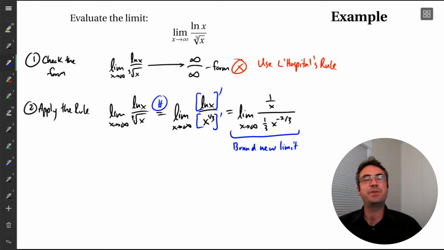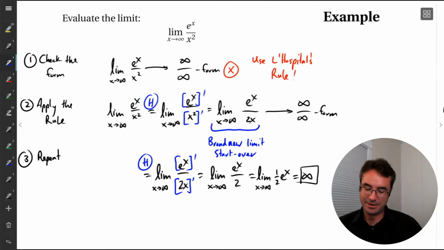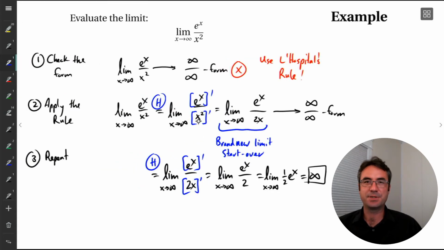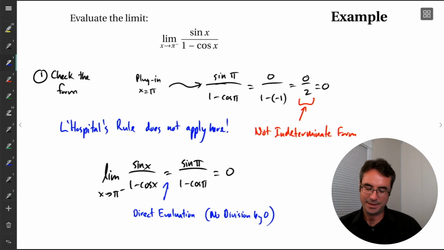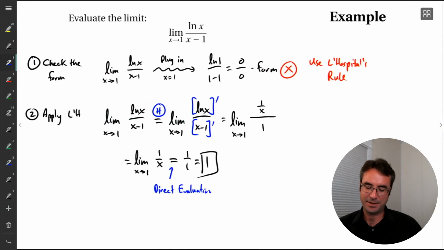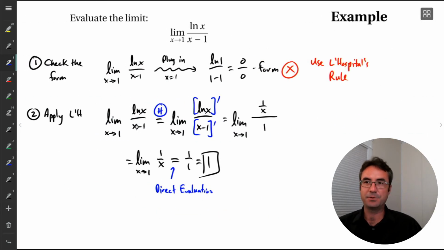So far in the previous examples, there was really nothing to do in terms of simplifying. So here, like in this e to the x one, we went from e to the x over x squared down to e to the x over 2x. Really nothing to simplify. Same thing going back here. Using L'Hopital's rule, we went from natural log x over x minus 1 to just 1 over x. Maybe there was a little simplifying we did there, but not too much.